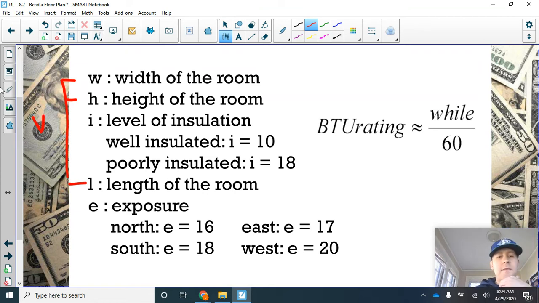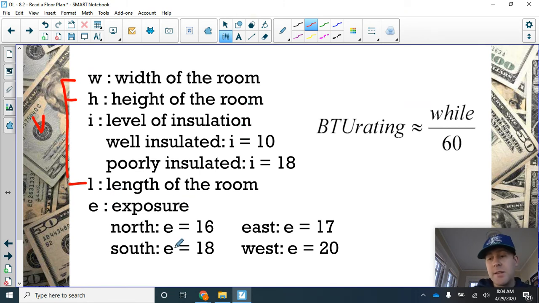So really it's kind of like the volume of our room, and then we take into consideration how well insulated that room is. Because if it's better insulated, we might not need as powerful of an air conditioner. If your room isn't well insulated, right, it's not going to be able to hold on to that coolness or the air conditioned air.